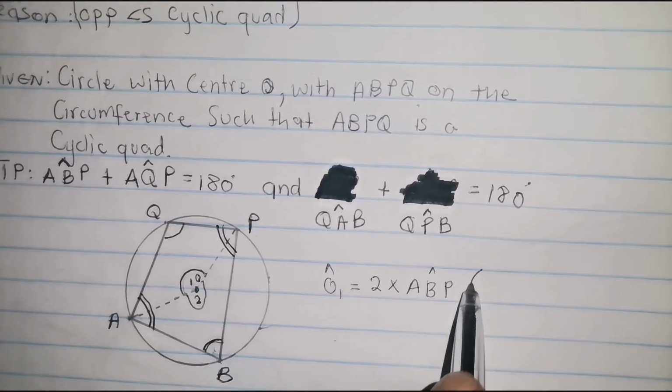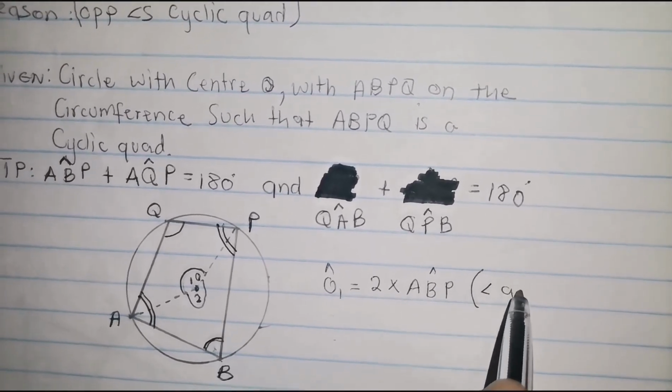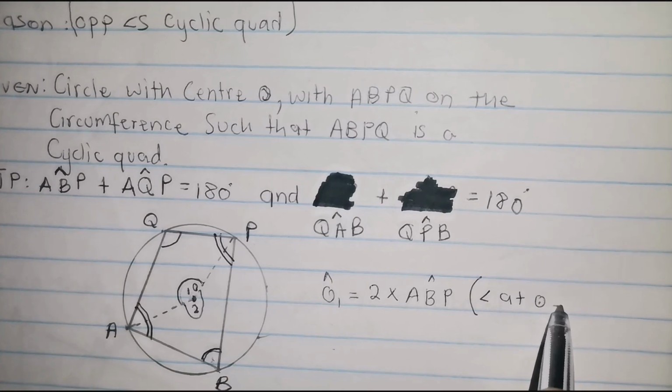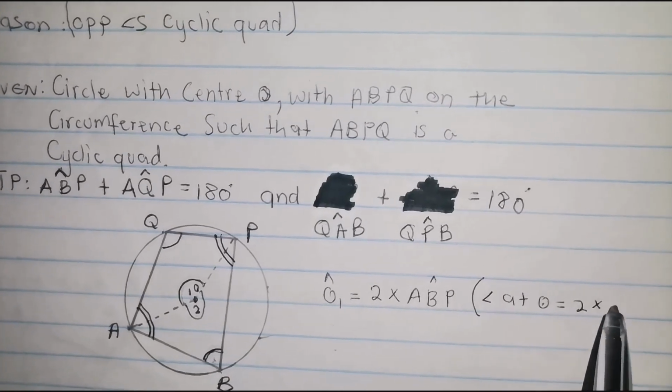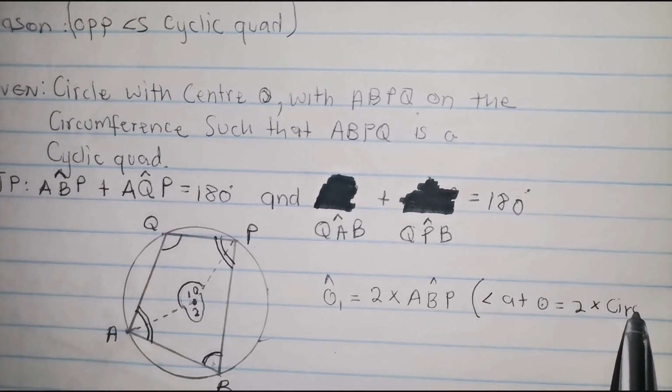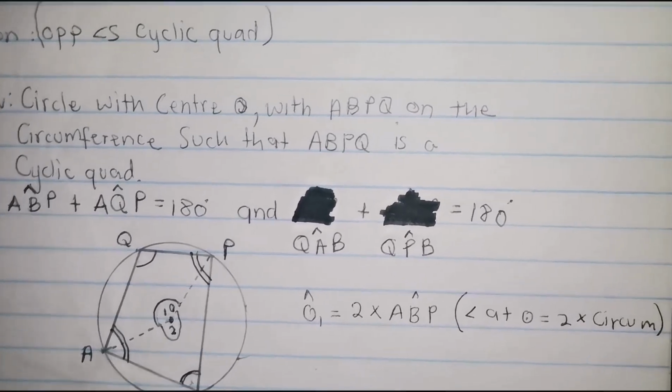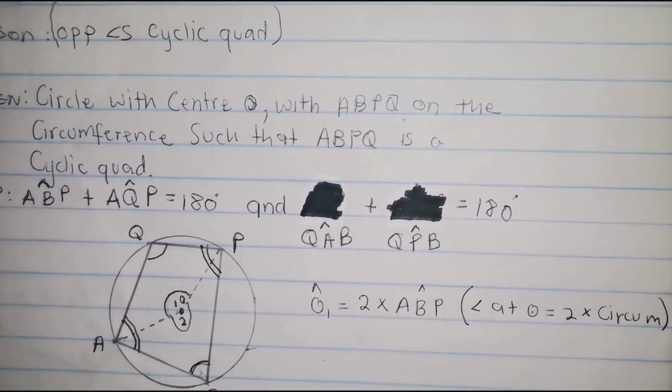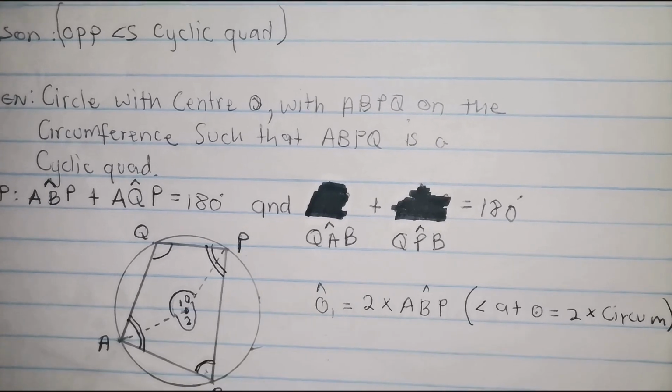What is the reason? Angle at center equals twice angle at circumference.